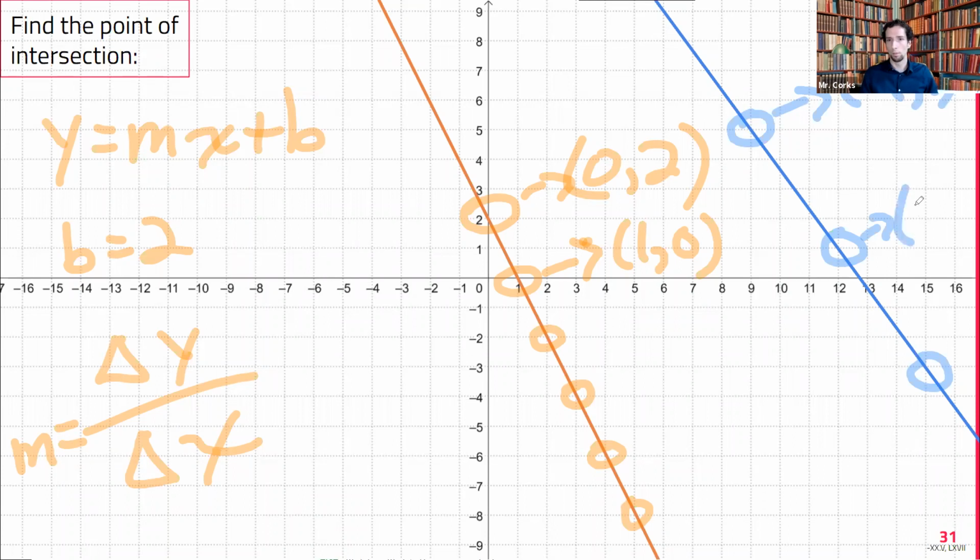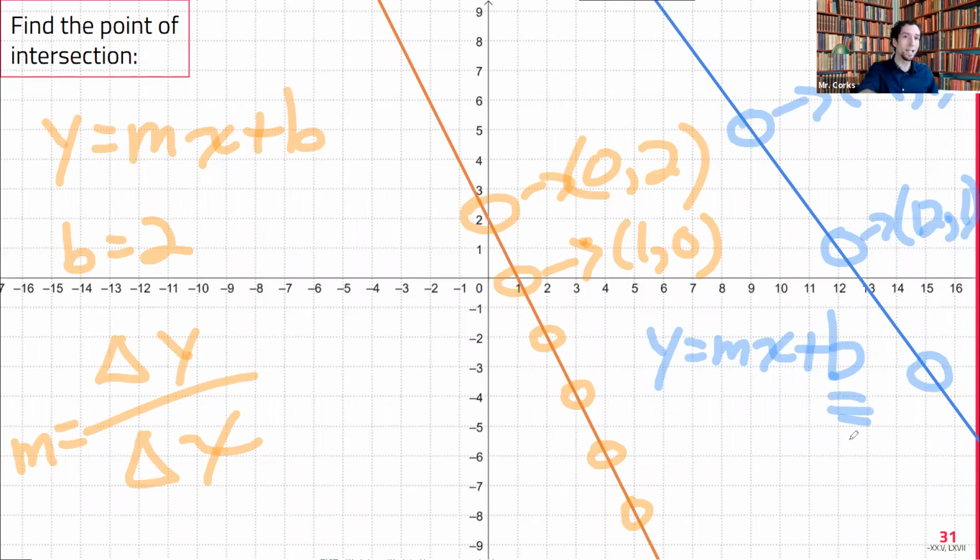By substituting the values into the equation and then finding the b. Good. So y equals mx plus b, the same thing we saw 2 slides ago. If we have m, and the only thing we're missing is b, we can find b with any point.